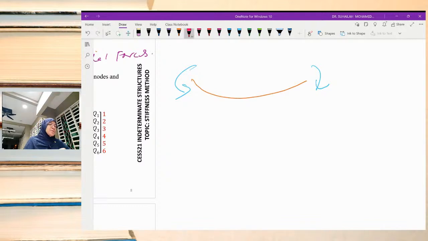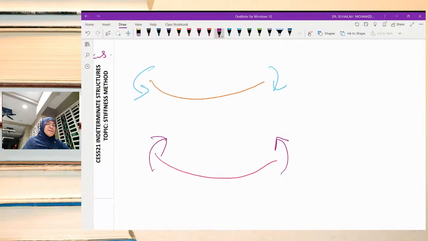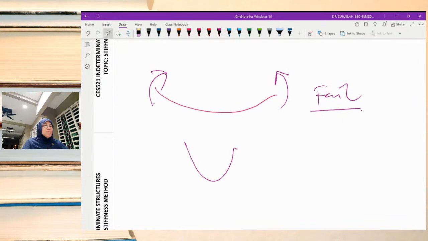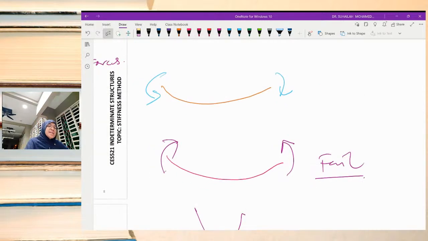Because if we have a bent beam like this and we apply the FEM in the wrong direction, this beam will fail. It will break and become like this, so this one fails. This one is the right behavior.